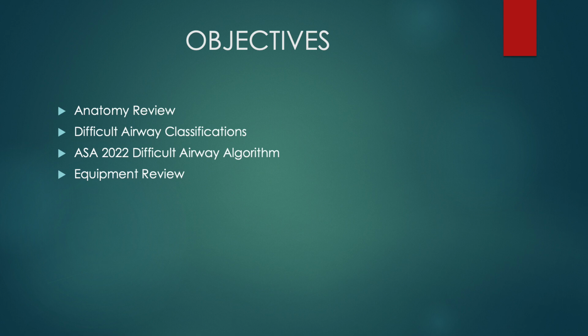So when it comes to understanding the anatomy, classifications and algorithms, this is to ensure patient safety. This is critical in anesthesia, all right? That difficult airway algorithm is so important because if you have, say, a poor outcome, you induced somebody, you showed up at a code, and for some reason the airway was not obtained or they had an anoxic brain injury in the process of it, do you know what you're judged on?